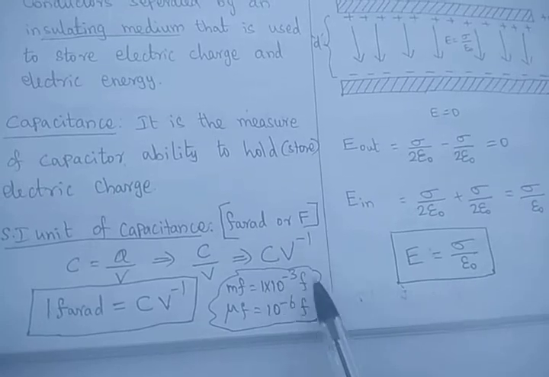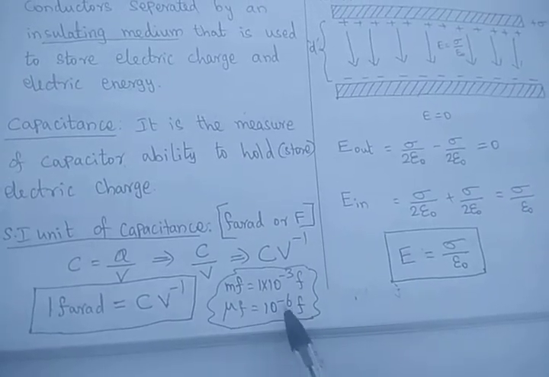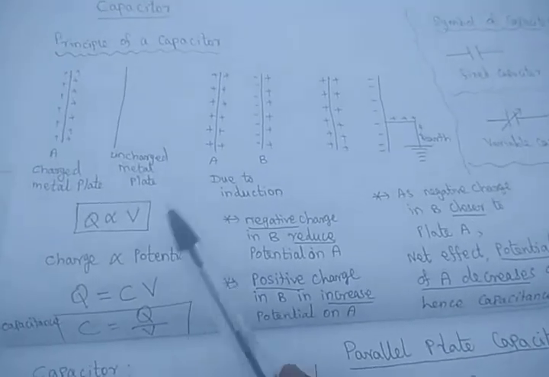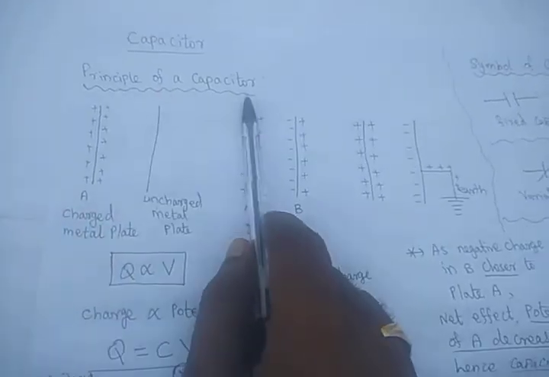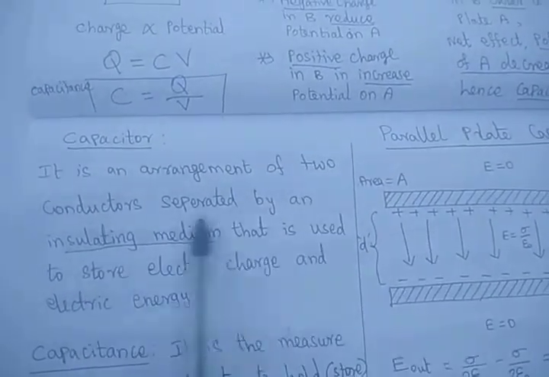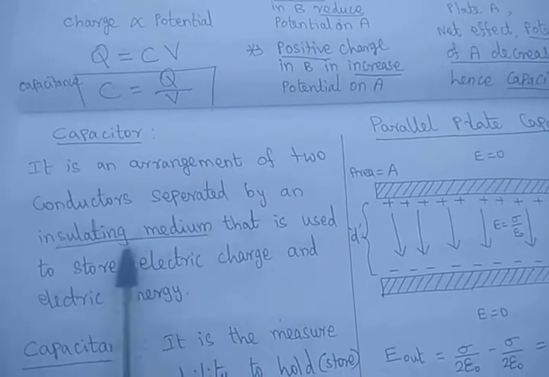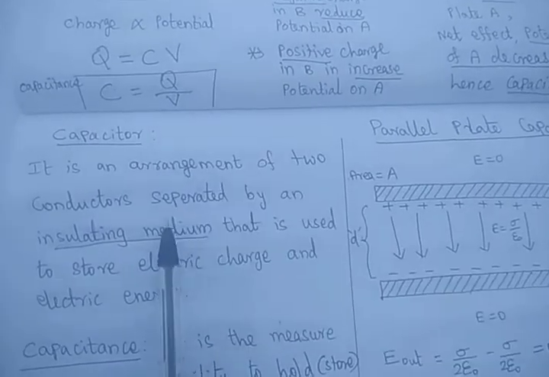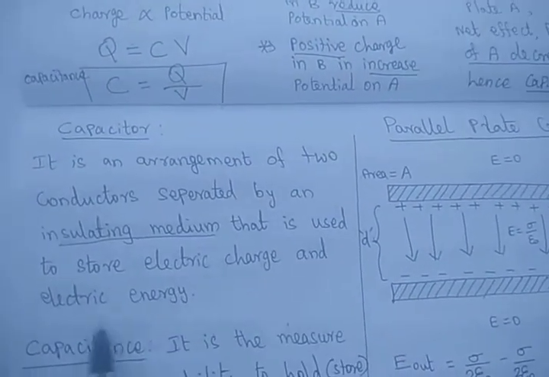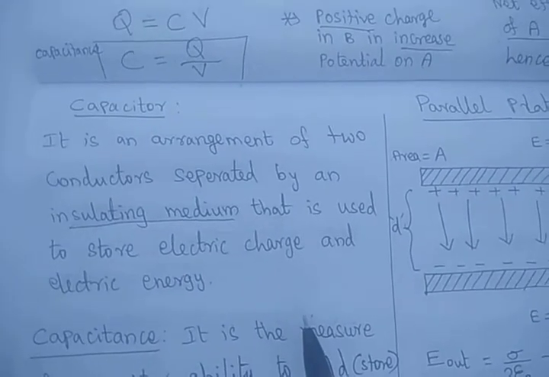Millifarad means 10⁻³ farad. Microfarad means 10⁻⁶ farad. Yes, students, we have clearly seen the principle of the capacitor: very simply, two conductors separated by an insulating medium act as a capacitor, because they store electric charge and electric energy.